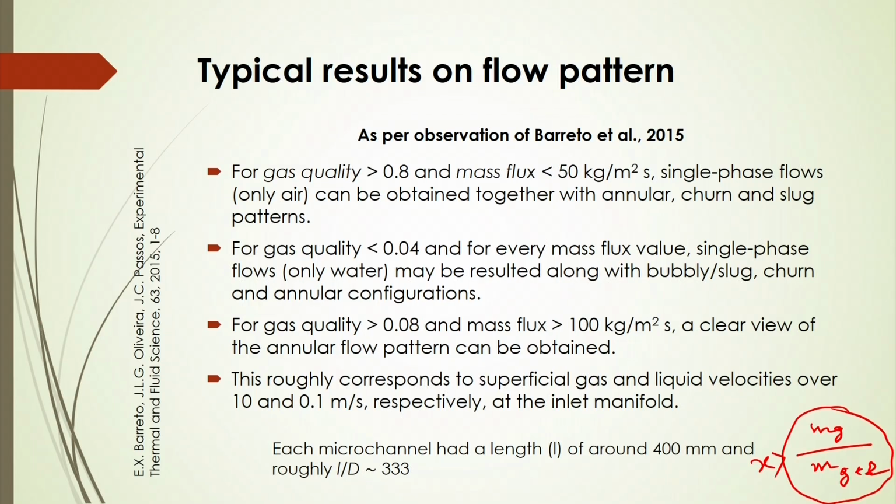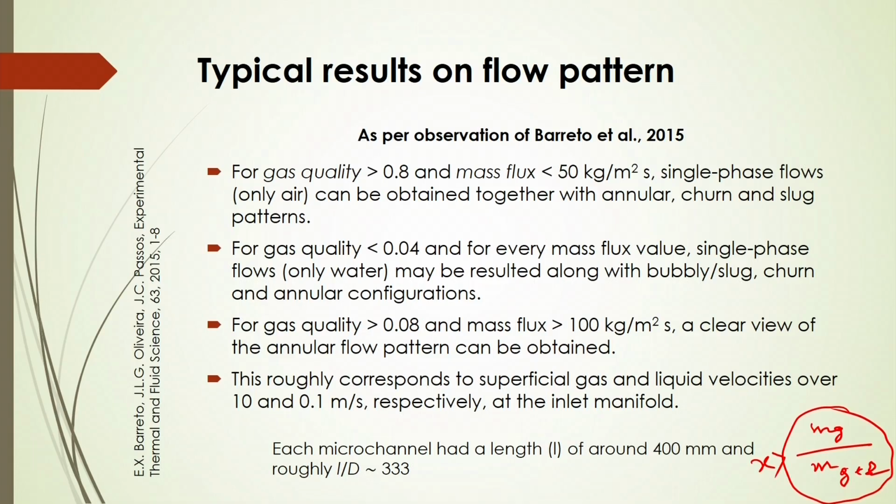And for gas quality greater than 0.08 and mass flux greater than 100 kg per meter square second, a clear view of the annular flow pattern can be obtained. This roughly corresponds to superficial gas and liquid velocities over 10 and 0.1 meter per second respectively at the inlet manifold in the monolithic structure.